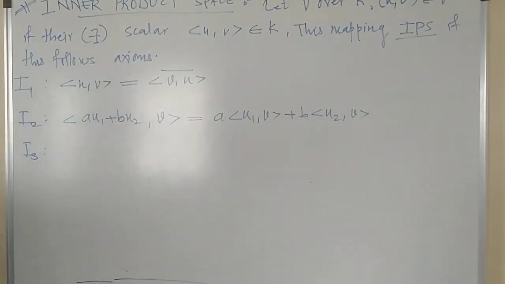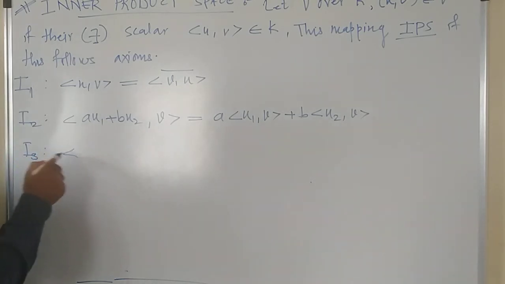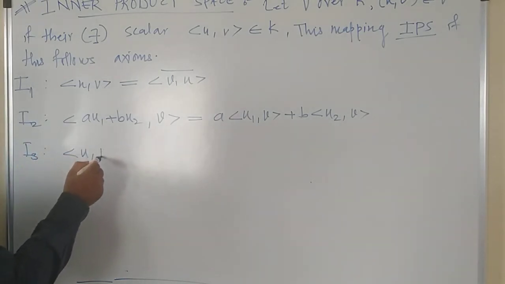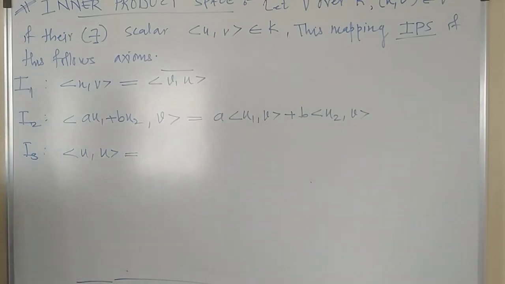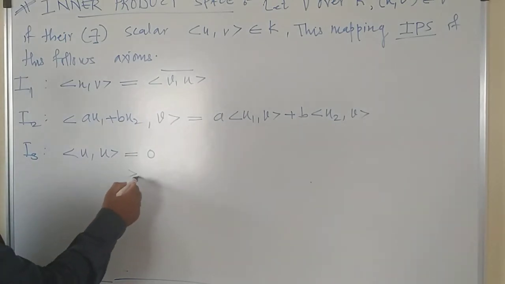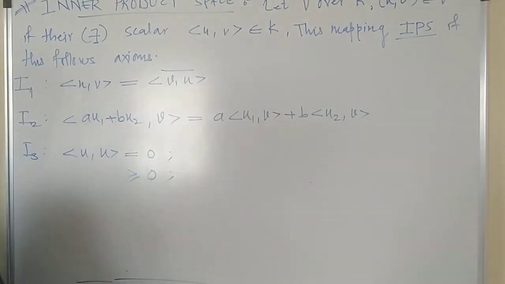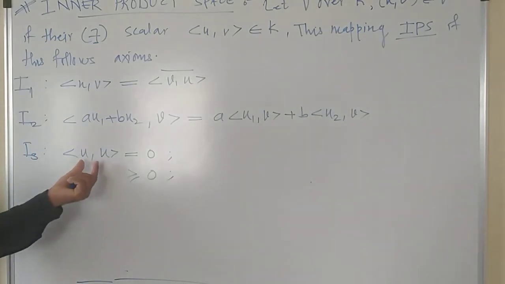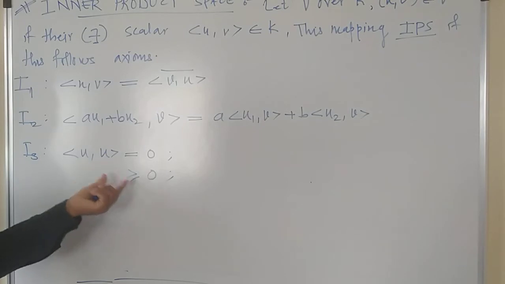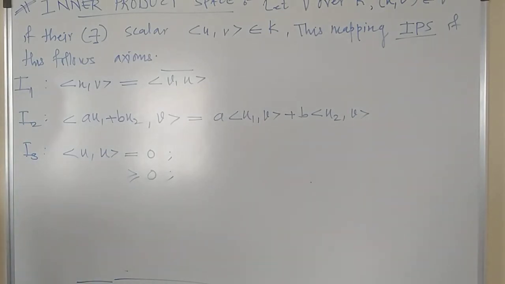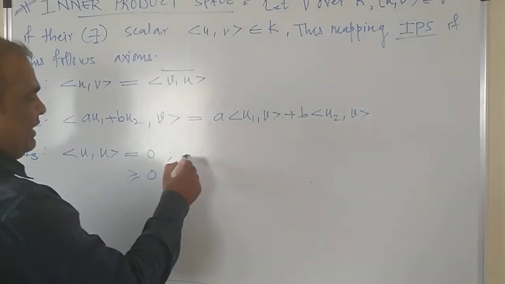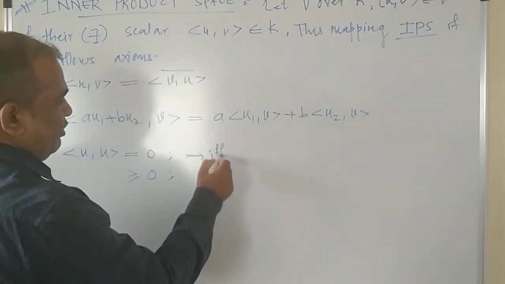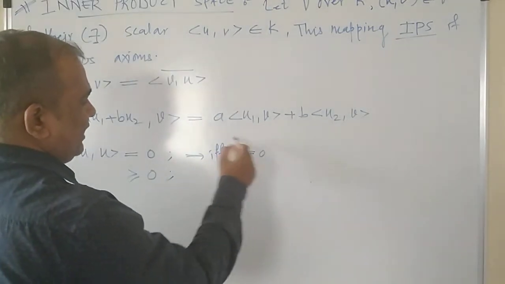The third axiom is that the inner product of the vector with itself is greater than or equal to 0. Sometimes the inner product of the same vector with itself is equal to 0, or it is positive. If it is equal to 0, this is possible only if the given vector is equal to 0.